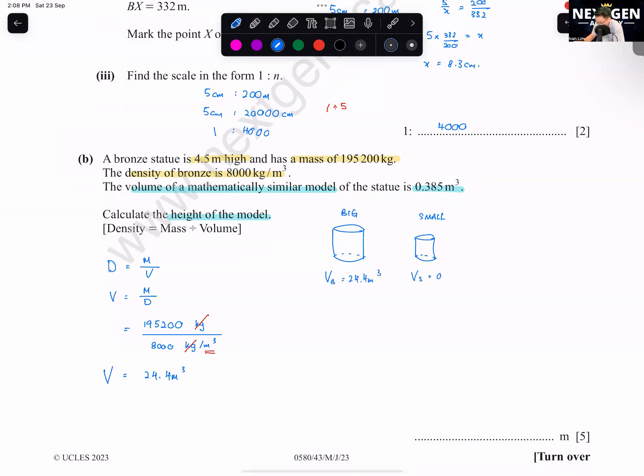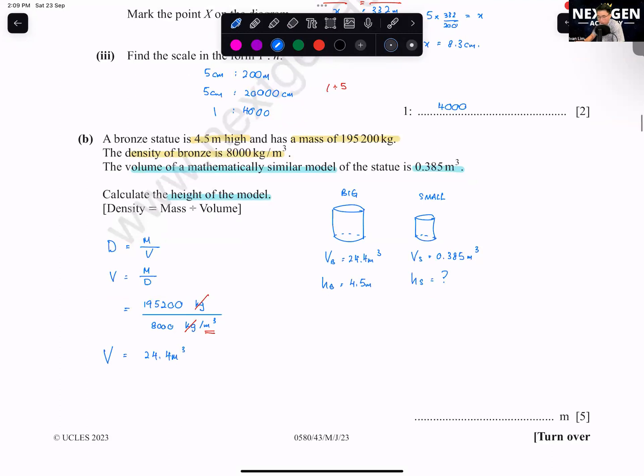Volume of the small model is 0.35 meter cube. We know that the height of the big one is 4.5 meter. They want us to find the height of the model, which is the small one. We don't know what this is. This is a question on similarity.